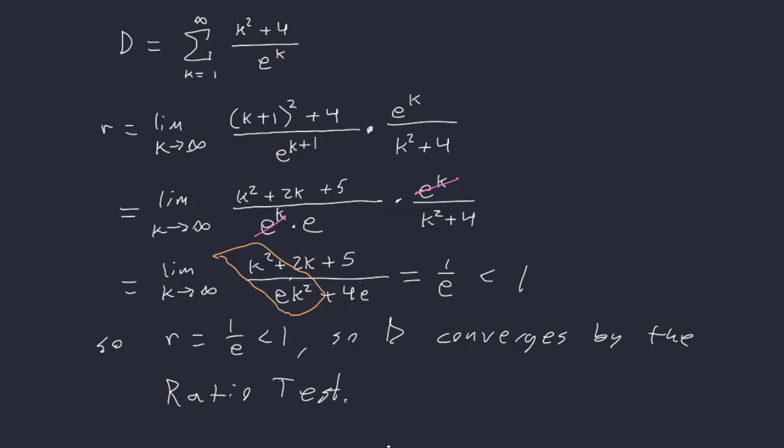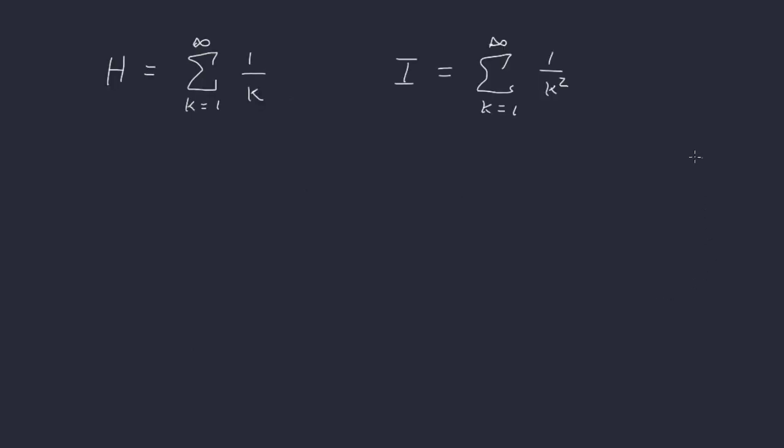All right, good. Now, let's take a look at the inconclusive case quickly, and then we'll be done. All right, so let's look at two p-series that we already know how they work. So this here, the series 1 over k squared, this is a convergent p-series. Whereas this guy, just 1 over k, that's the harmonic series, which is a divergent p-series.